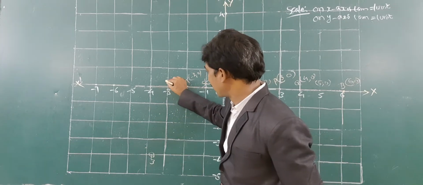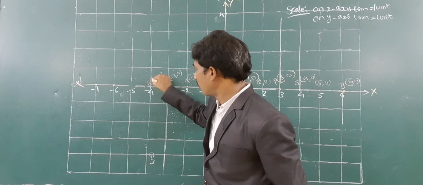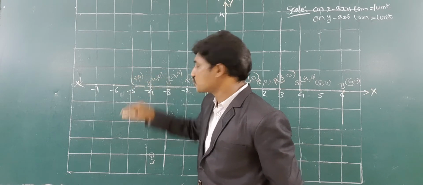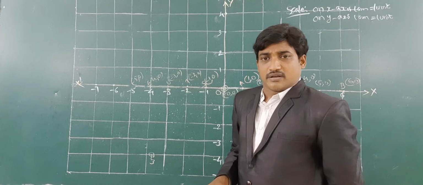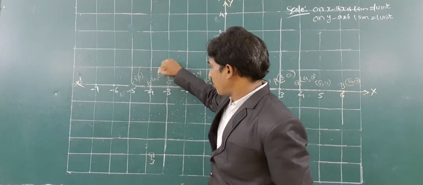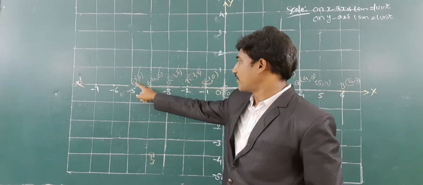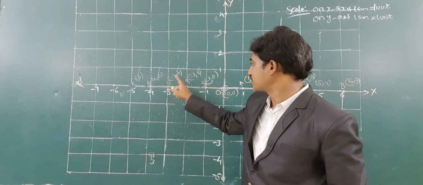Here at -3, (-3, 0), (-4, 0), (-5, 0). So if we observe, the y coordinate of the points on the x-axis is 0.